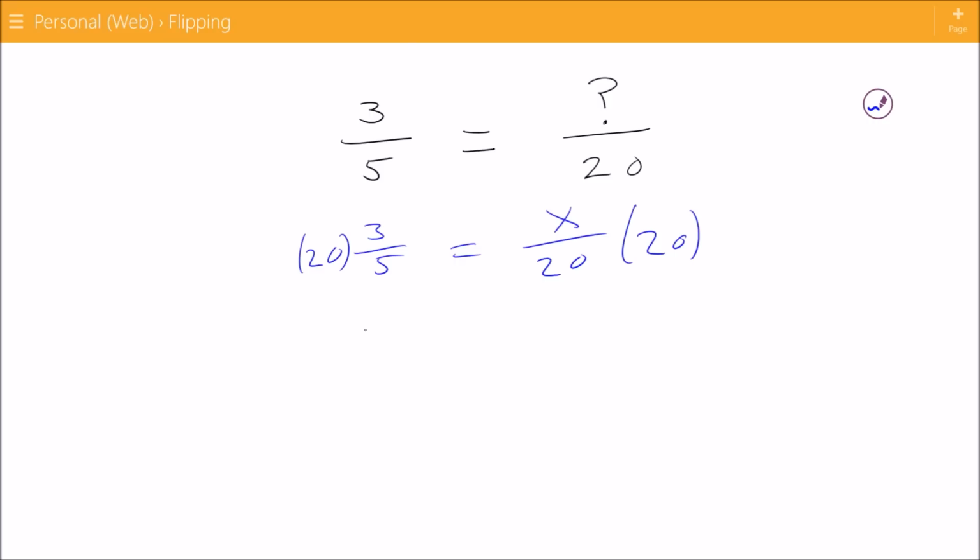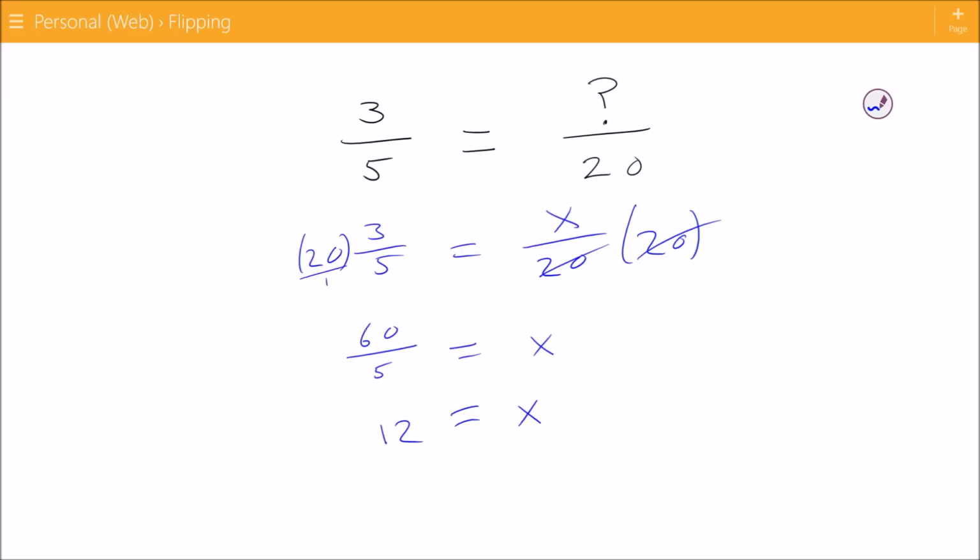So I'm left with 20 times 3 over 5. I can simplify this. 20 is really 20 over 1, so we can multiply straight across. 20 times 3 gives me 60 over 5 equals, the 20s cancel on the right, equals x. 60 divided by 5 is just 12. 12 equals x.